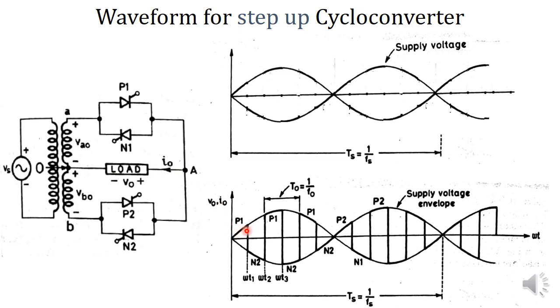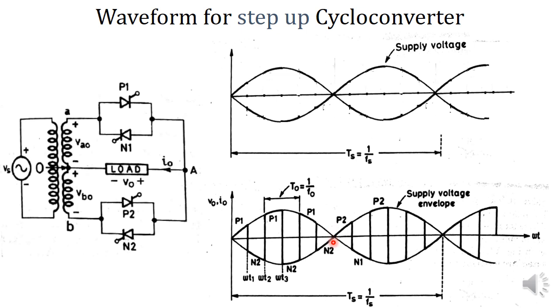So the output voltage will be like this during the turn on period of N2. Again, after a short time period, we will turn on P1. Then the output voltage will be like this. Like that, we will get this alternating voltage.